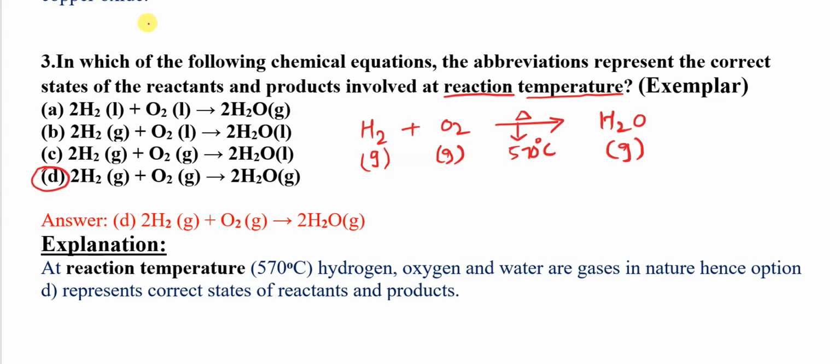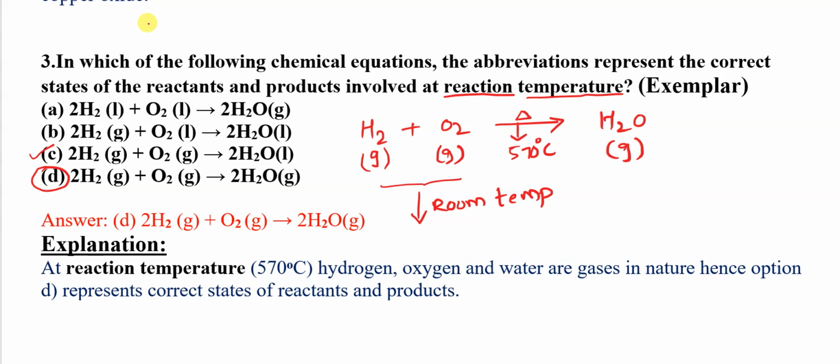Some of the students may think, why not this one, sir? It's very simple. The reaction is happening at reaction temperature, not room temperature. Hydrogen and oxygen won't react at room temperature at all. At room temperature water would be in the liquid state, but they won't react.